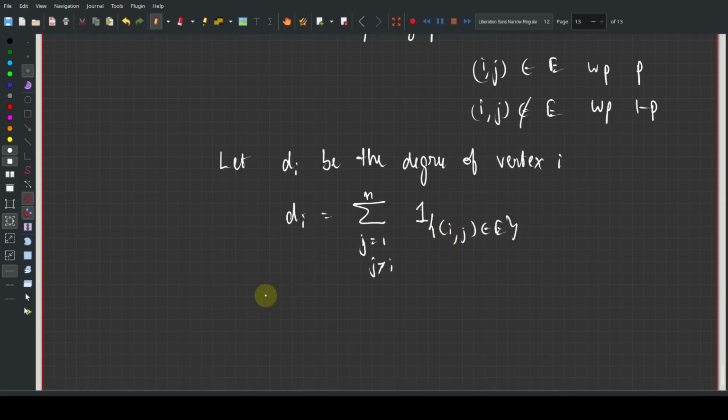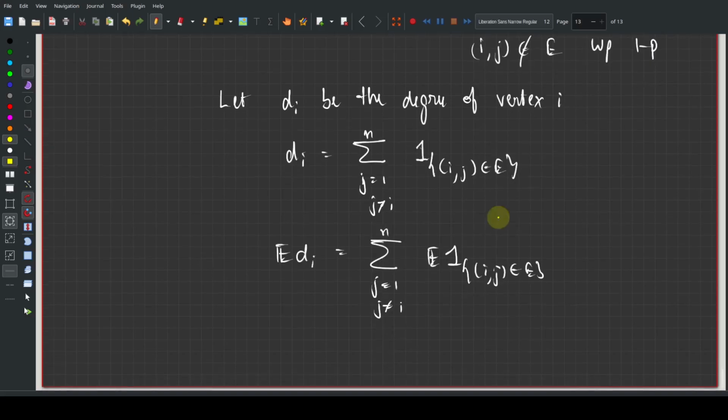Correct? What can I say about the expected degree? So it's the expectation of this sum, which is, by linearity of expectation, the summation j equal to 1 to n, j not equal to i, of the expectation of the indicator random variable. But what is the expectation of this indicator random variable equal to?